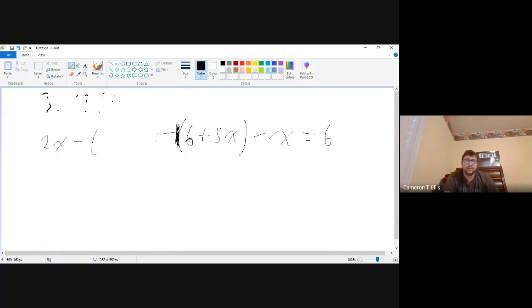I'll just write it again, and then go whoop, whoop to 6 and positive 5, right? What's -1 times 6? -6, right? What's -1 times 5x? Minus 5x, right? Minus x equals 6.